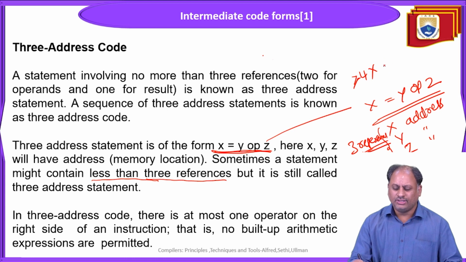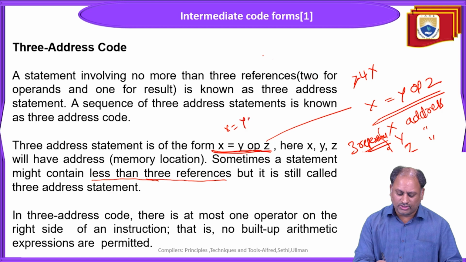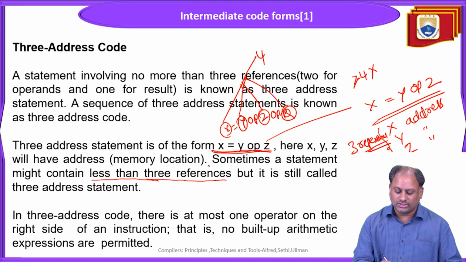For example, if the computation is x equal to y op z op p op q, that is one, two, three, four references. If four references are there, this is not a three address code.